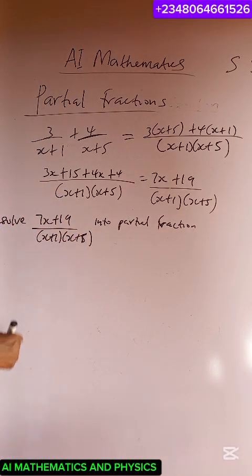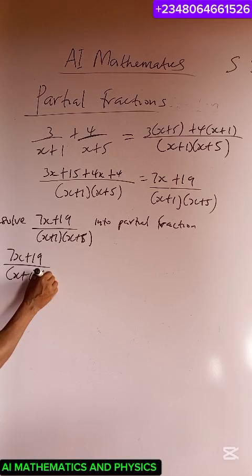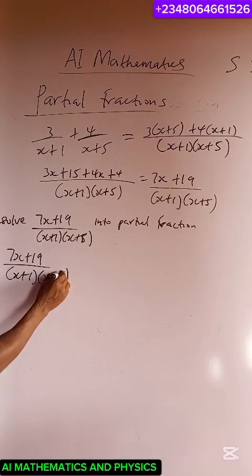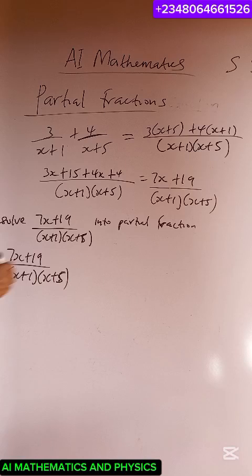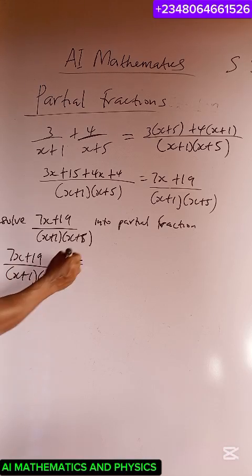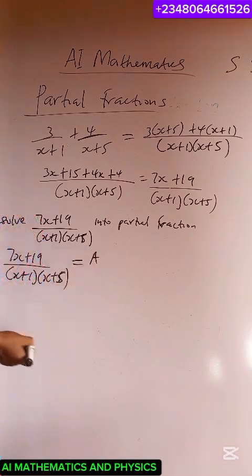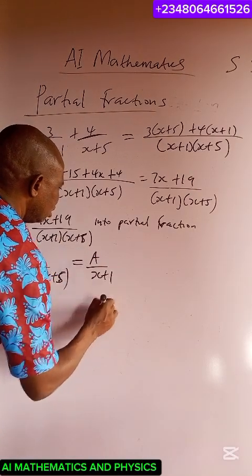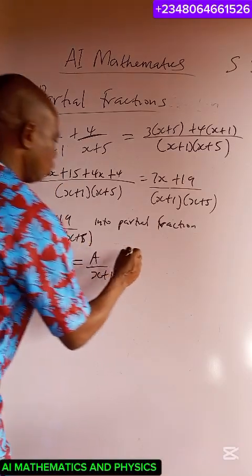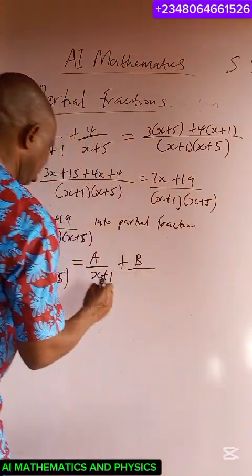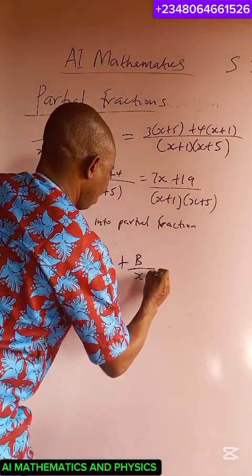Just simple. Just start with 7x plus 19 over x plus 1, x plus 5 equal to, we don't know the value, maybe it's 7 or 19 or 2 or 1, but just write A or any letter you want over the first here, that will be x plus 1. Write B also to indicate that you are looking for two numbers, over x plus 5.